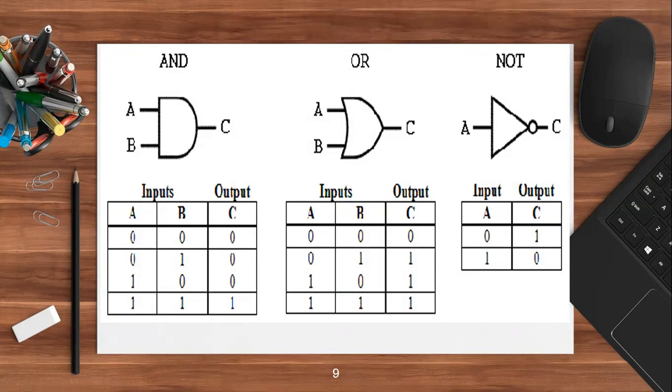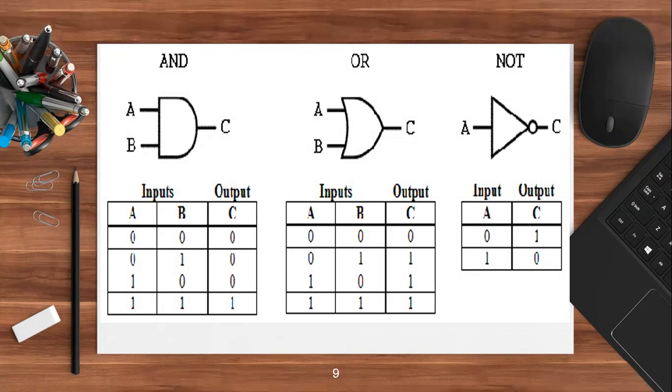If input A is 0 and the second input is 1, the output is 0. If A is 1, B is 0, the output is 0. If both are at one state, then the output is 1. So in the case of the AND gate, the bulb lights up only when both inputs are at one state or on position.